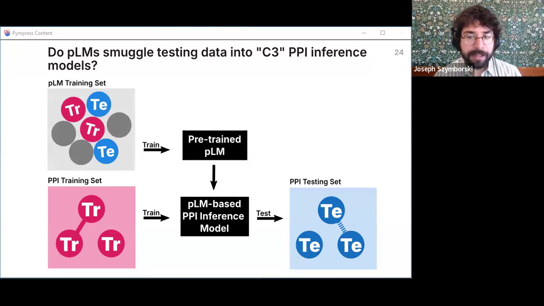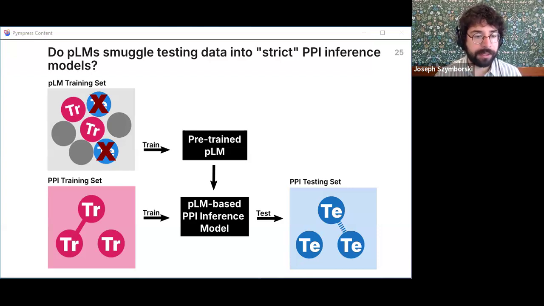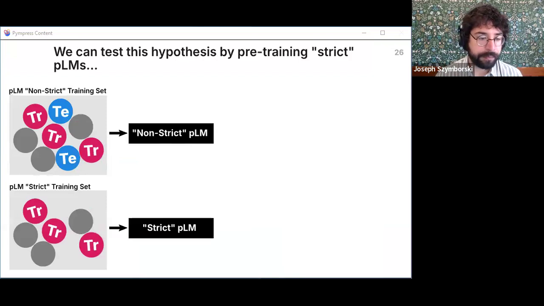The problem is that the pre-trained pLMs we use in the PPI inference models are trained on as many proteins as possible, and that invariably includes proteins that are in the testing set. So it's my hypothesis that you need to get rid of these testing proteins in the upstream pLM, because those will leak data. That's the hypothesis we set to test in this paper.